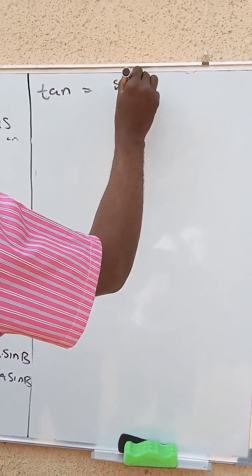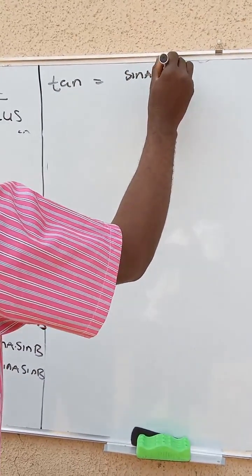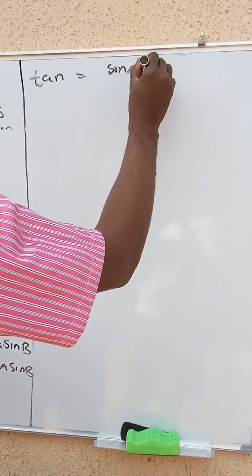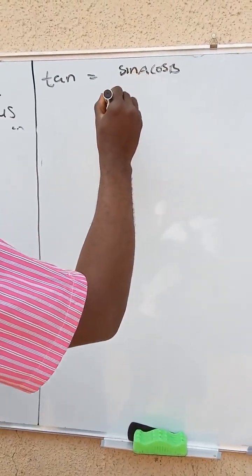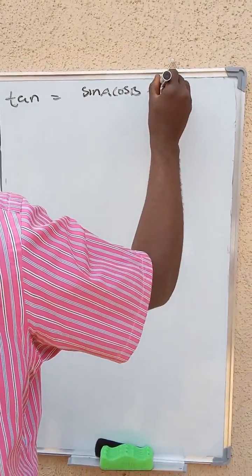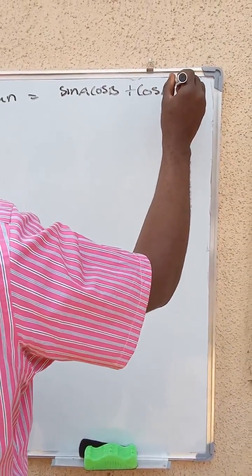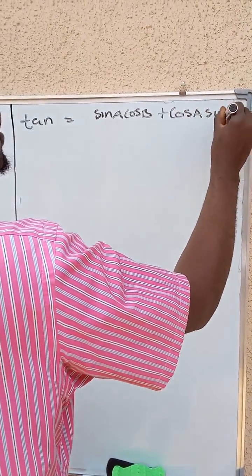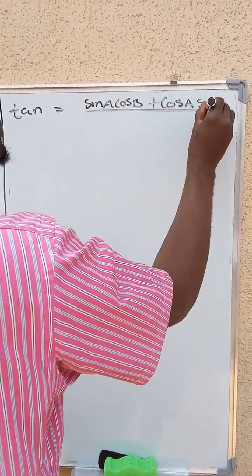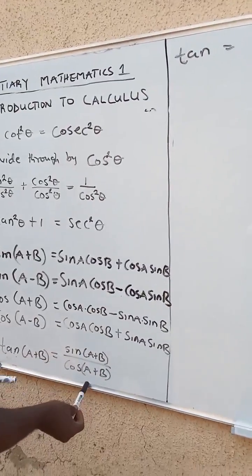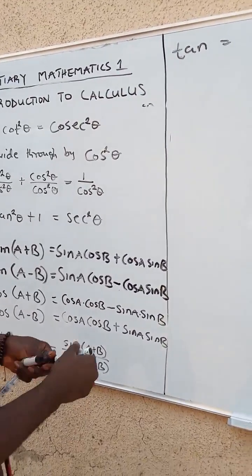Sin A plus B, I'm taking from here, sin A cos B plus cos A sin B over, now look at it, cos A plus B, that is the denominator.